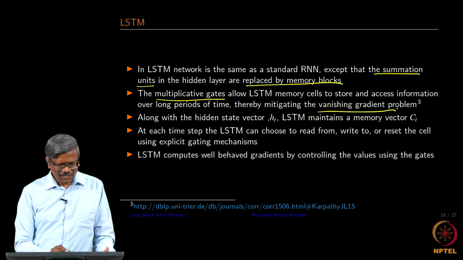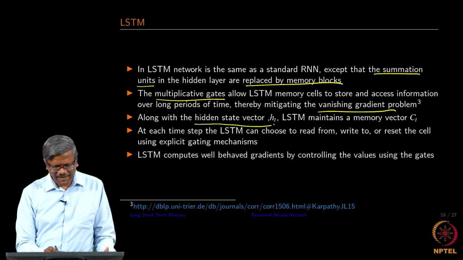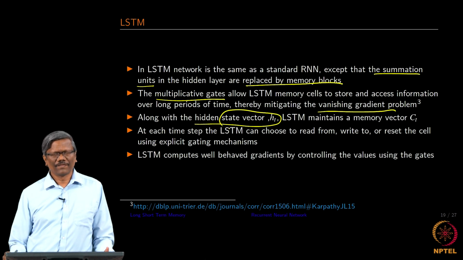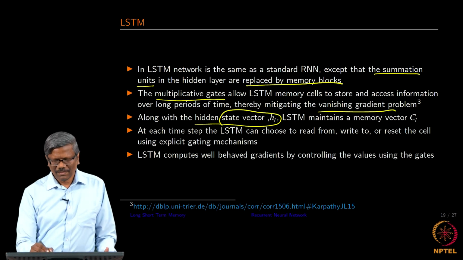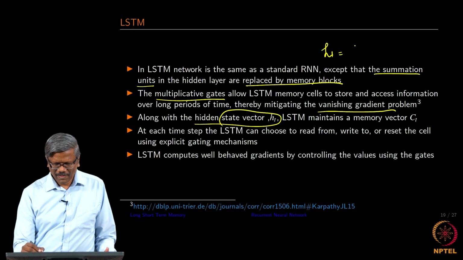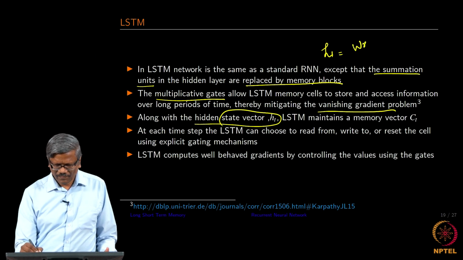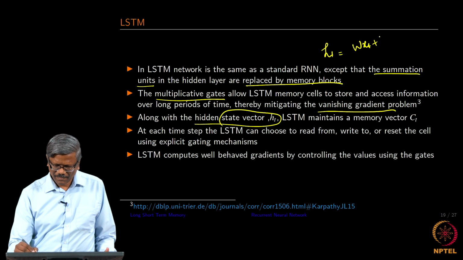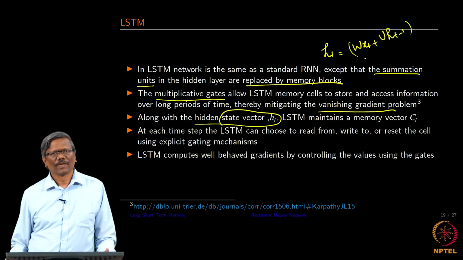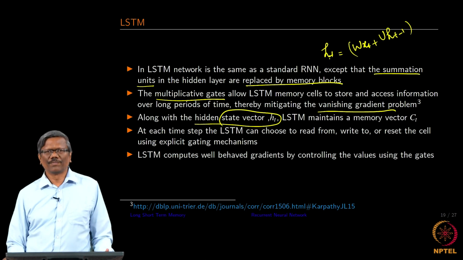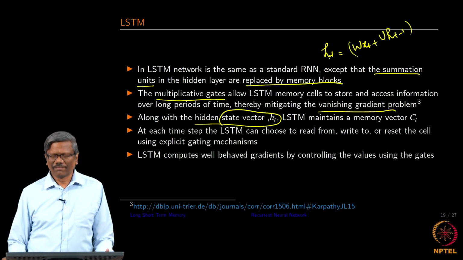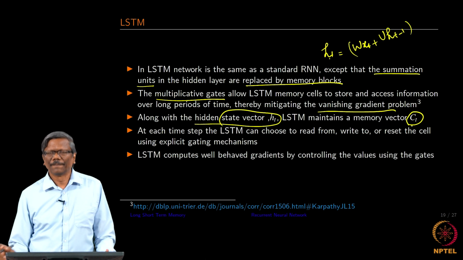Along with the hidden state vector that we have, you remember HT, this is going to be replaced by another memory vector called CT.